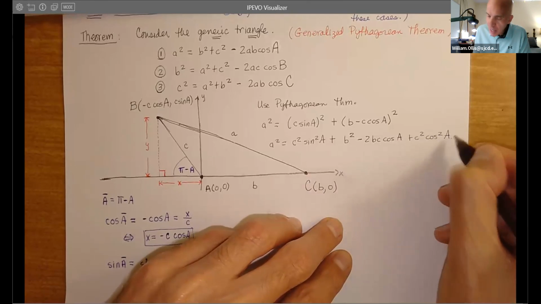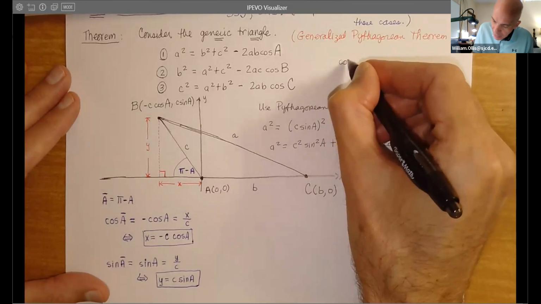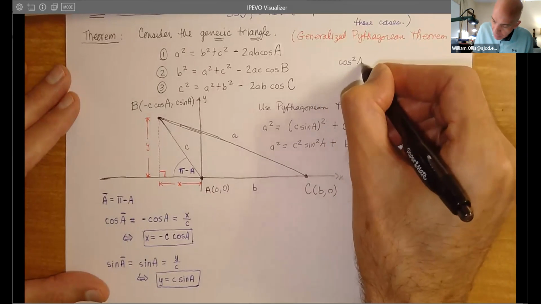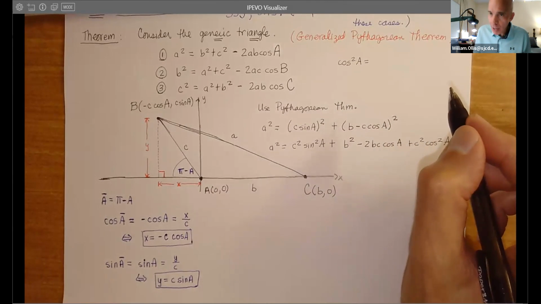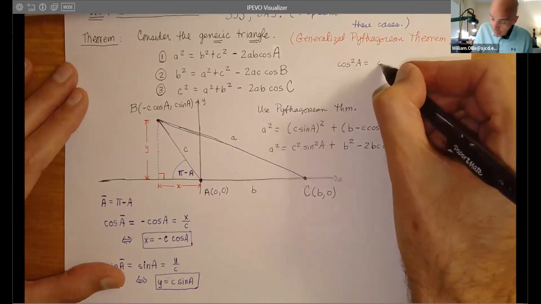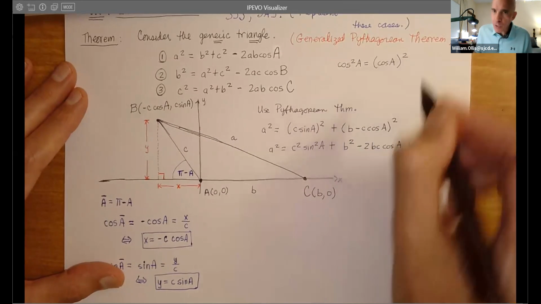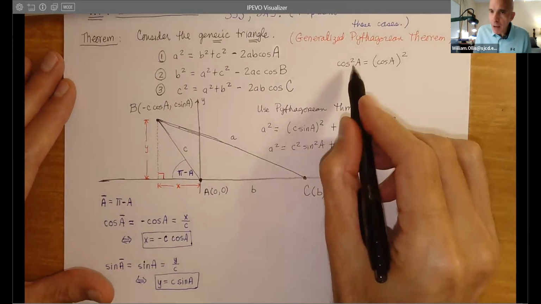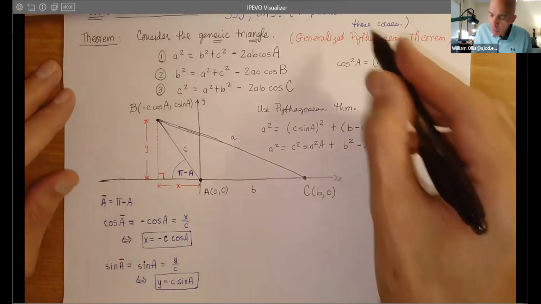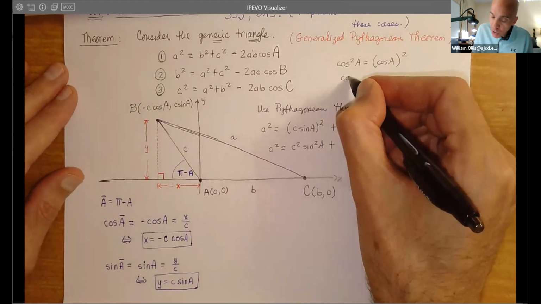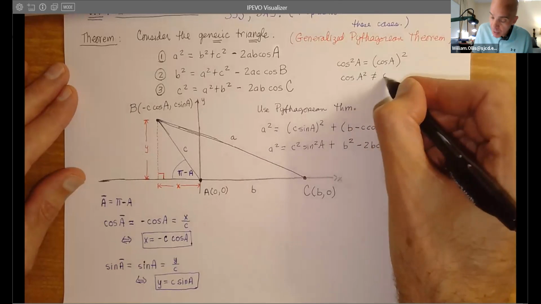Now, I've had a lot of questions about this notation. Remember, when we write cosine squared A, that is shorthand for the square of cosine A. So we could write this every time, but that's a bit cumbersome. So we adopt this shorthand notation. I know you know this, but it never hurts to review it. Now, of course, we could also take the cosine of the square of A, but that's not equal to this.